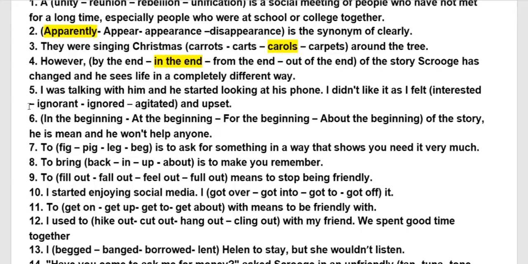But ignored here: pay no attention to someone. So let's read it again. I was talking with him, and he started looking at his phone. I didn't like it as I felt ignored.